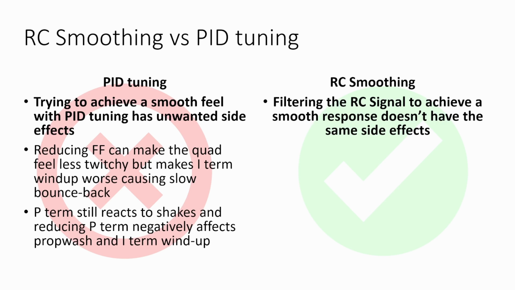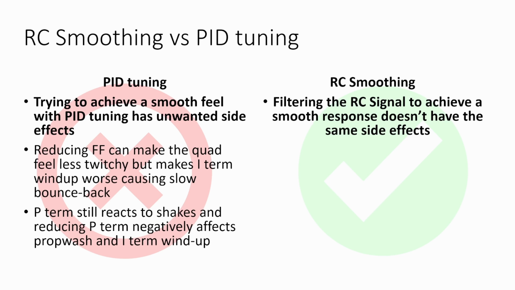I want to take a moment to compare using RC smoothing to some common PID tuning approaches to getting a smooth feeling quad. If you try to get a smooth feeling quad by PID tuning, you're going to have unwanted side effects.